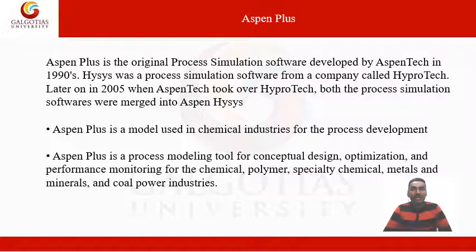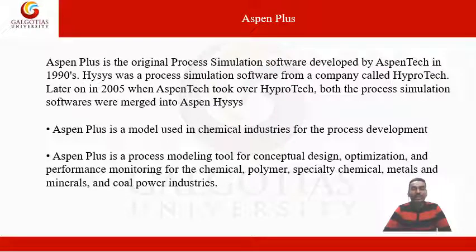So it's a process modeling tool for the design, optimization, and performance monitoring for chemical, polymer, and specialty chemicals, metals and minerals, and coal power industry. So you see, I had told you it is for process development, and to what an extent it's supporting the chemical industry. It is a process modeling tool which supports the following things.